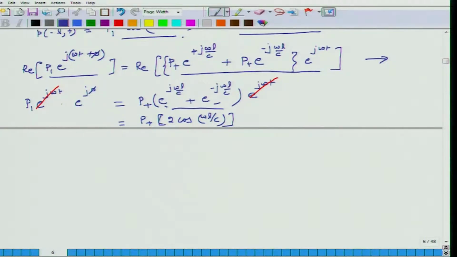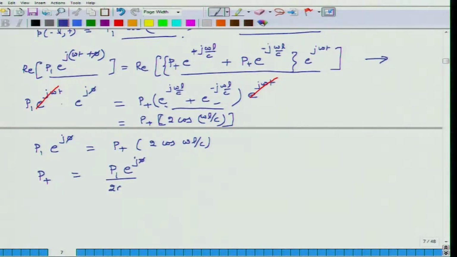So this is what you get. So my equation becomes P1 e j phi equals P plus times 2 cosine omega L over c. Okay. Or P plus is equal to P1 e j phi divided by 2 cosine omega L over c.